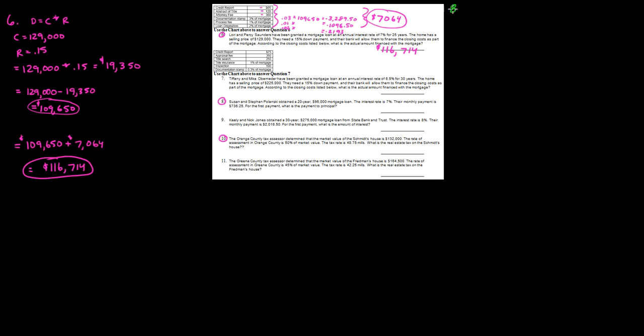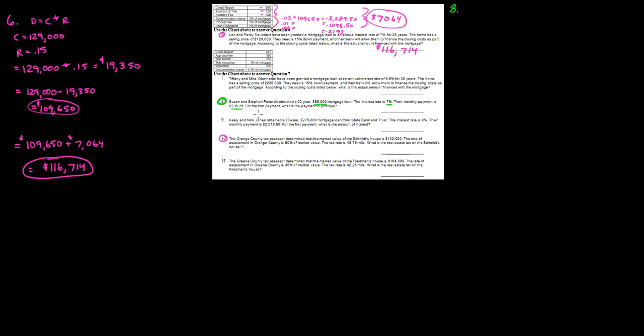So let's now take a look at number 8. I'll do 8 over here to the right. So let's color coordinate it and make this green as well. So it says here, this is a question about the monthly payment. And so the first thing we need to do is figure out what the interest rate is. So it says that the interest rate is 7%, and it's saying that the loan is $95,000. And if we do that, the monthly payment works out to $736.25.